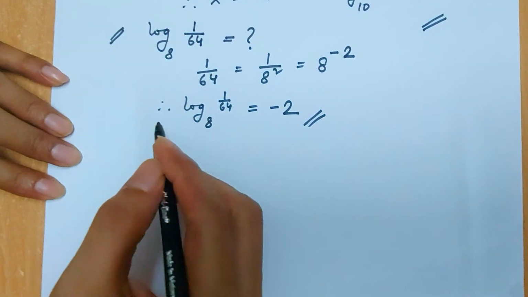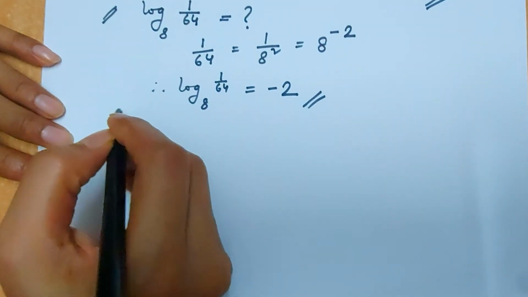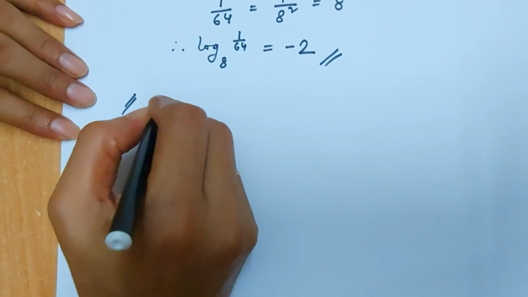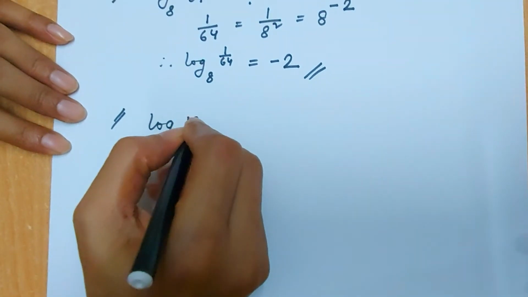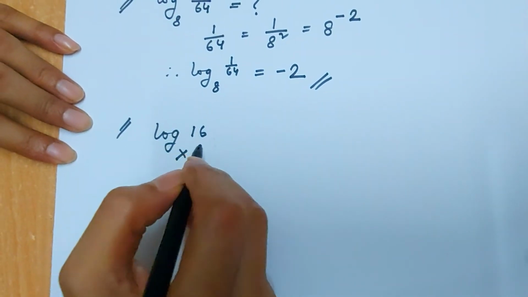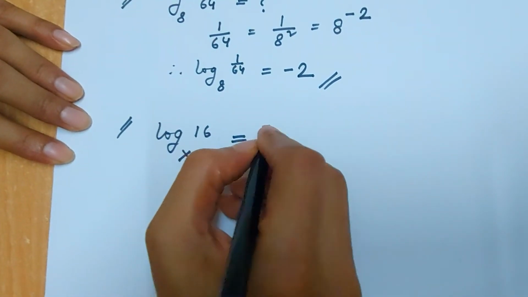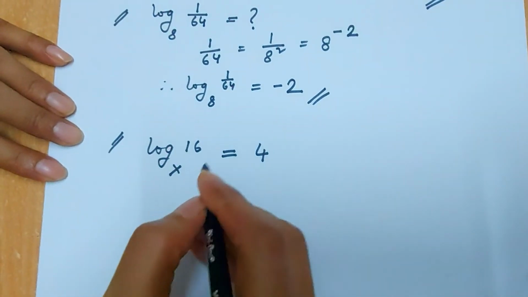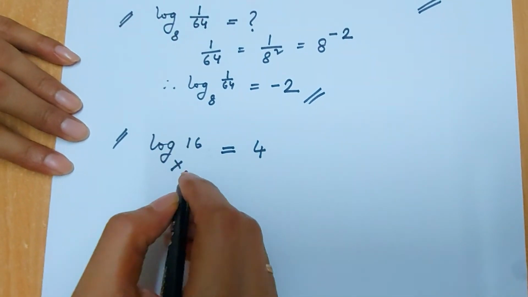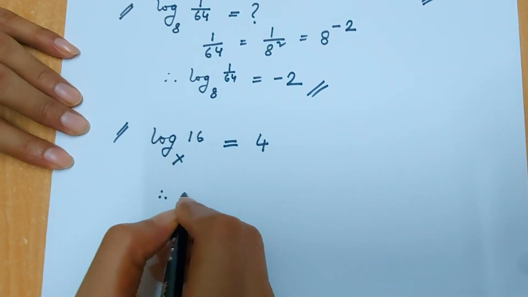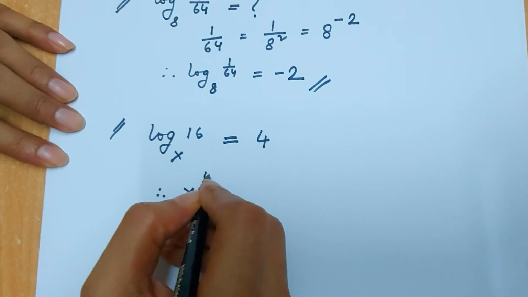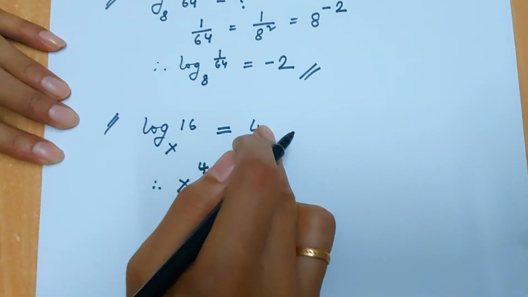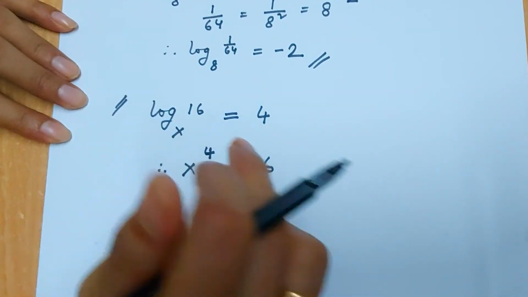At last, I want to solve an example to find the base. That is, if we have log of 16 to the base x, here the base is missing, equal to 4. X is the base and it is missing. We have to find out the value of x. So we can write x power 4 equal to 16, because 4 is the exponent of x.